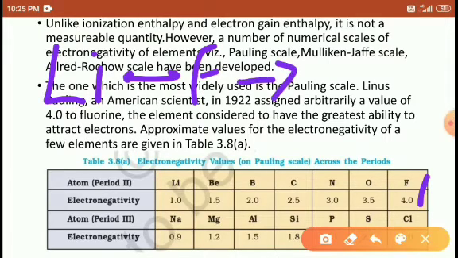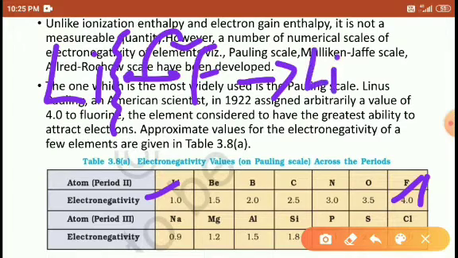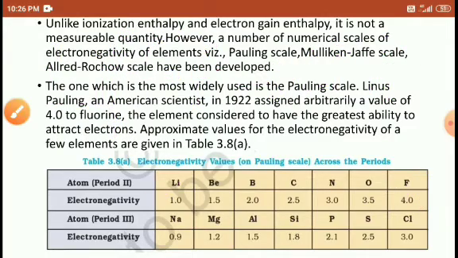Obviously fluorine is highly electronegative, 4.0, and lithium is 1.0. So the pair of electrons dissociates heterolytically and moves towards fluorine. Lithium is positive and fluorine is negative. Fluorine has got 2 electrons here, right, students?